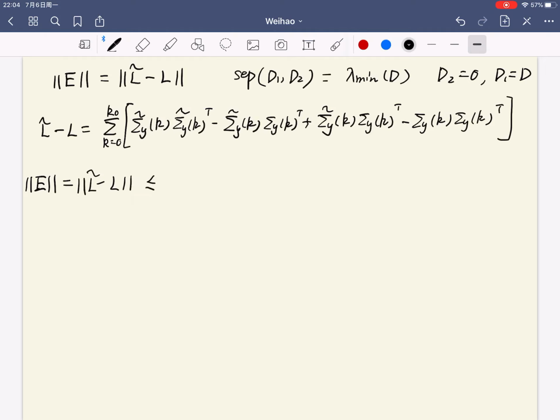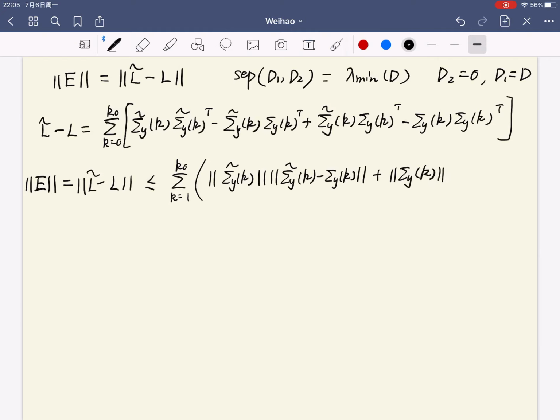We have, for this term, we also apply the triangle inequality and a similar trick.